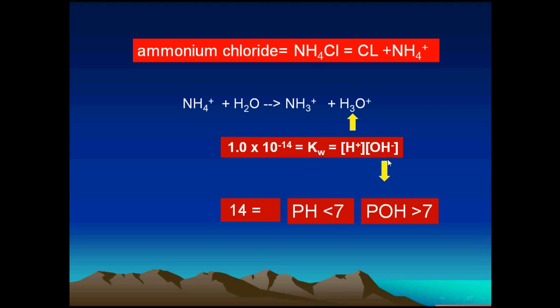Concomitantly, there is a decrease in the hydroxyl group, and the pOH will be more than 7. So simply, ammonium chloride is acidic because there is an increase in the hydrogen ion, associated with a decrease in the pH of water. Instead of being 7, it will be less than 7.